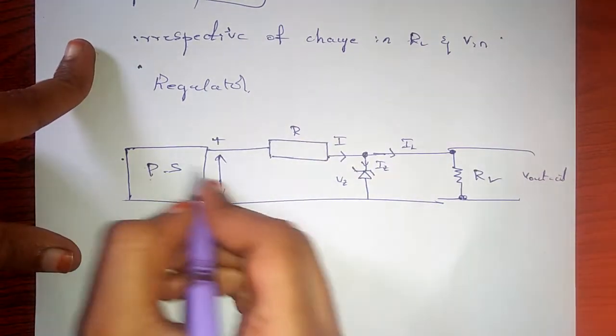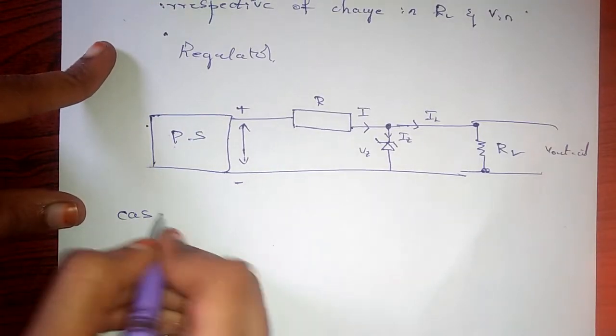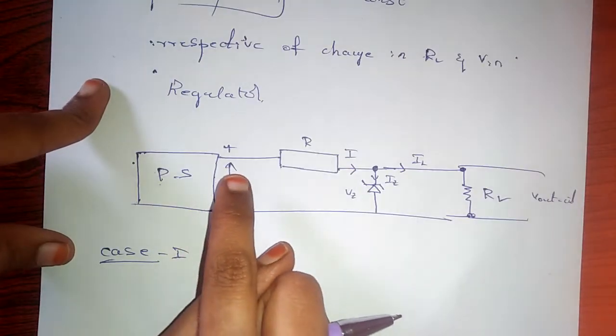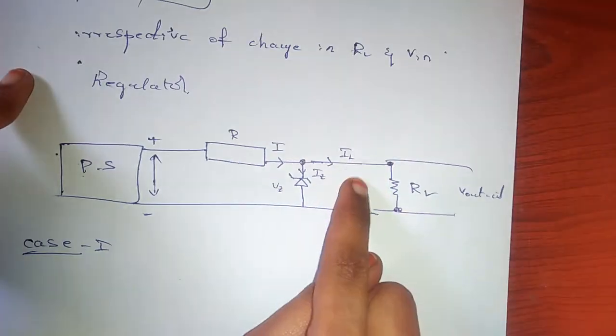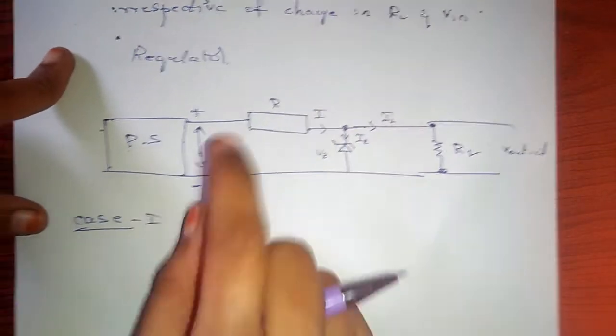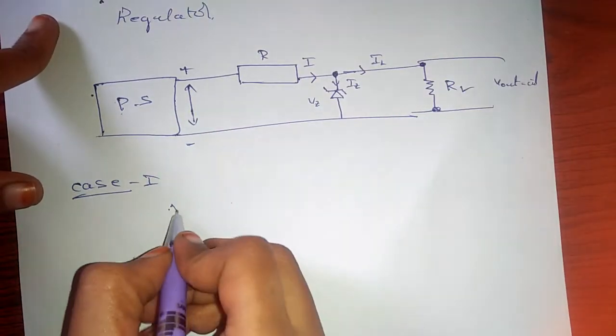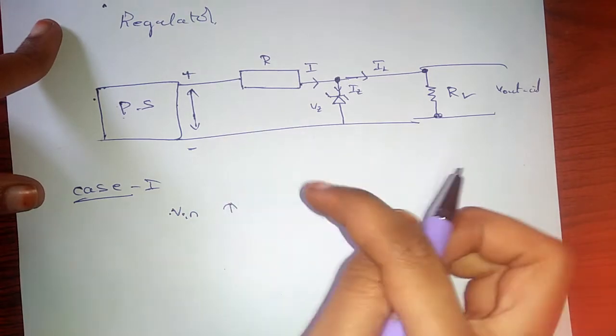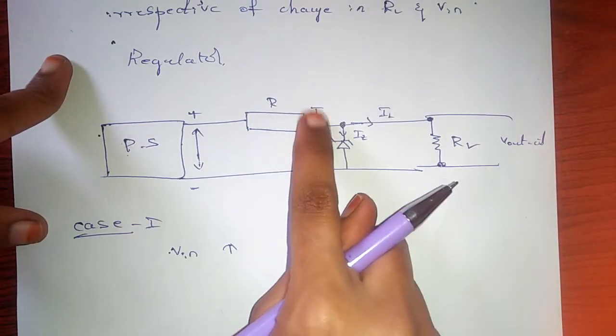So here, what are the two cases that we have? Change of input voltage and change in output load variations. So case 1, if the input voltage is increased, then the current I increases.